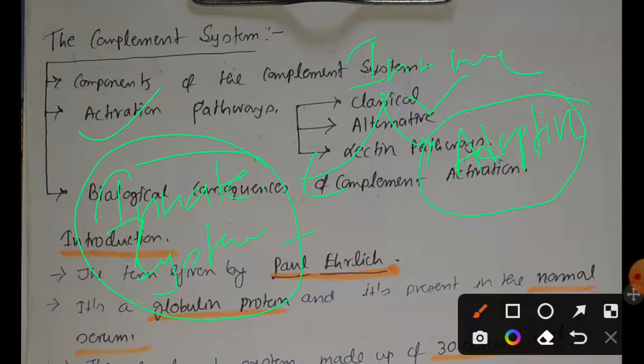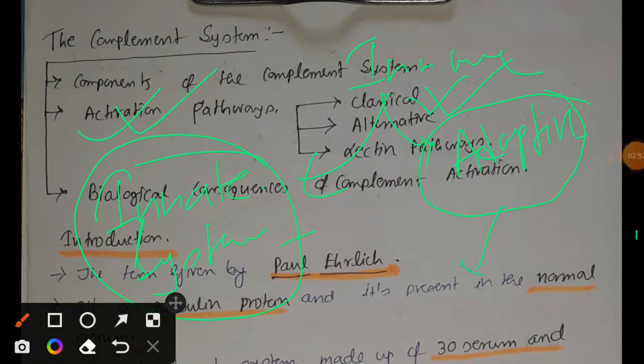Whenever a foreign invader enters inside our body, first our innate immune system fights against that foreign invader, and then the adaptive immune response comes into the picture. If we want to divide the adaptive immune response further, we get two types: one is cell mediated immune response, another one is humoral immune response.